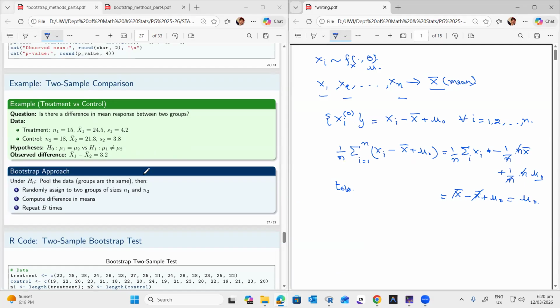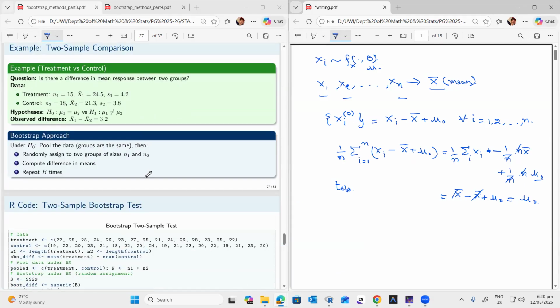Again, we have the two-sample comparison, treatment versus control.